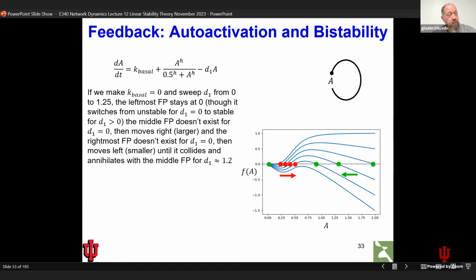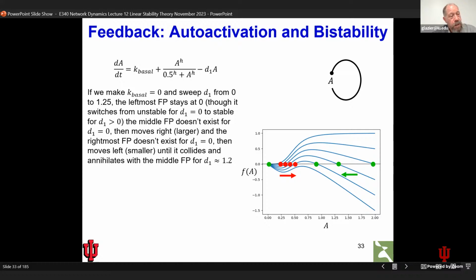If we make D1 very small, we pivot our curve upward, counterclockwise around 0. If we make D1 large, we pivot our curve clockwise. If we pivot counterclockwise and make the decay rate smaller, that upper fixed point moves to the right. In fact, if we make D1 0, it becomes infinite.